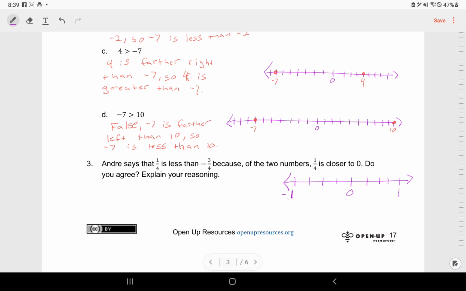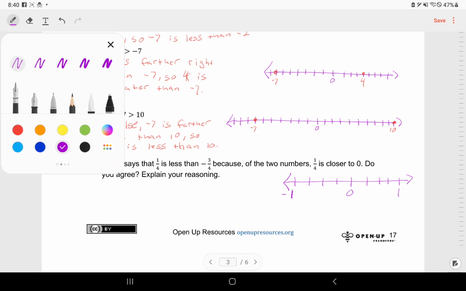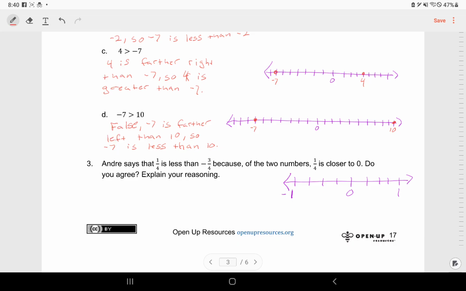And so, if that's negative 1 and that's positive 1, that means each of these lines is 1/4. So, 1, 2, negative 3/4, positive 1/4. So, well, yes, 1/4 is closer to 0.